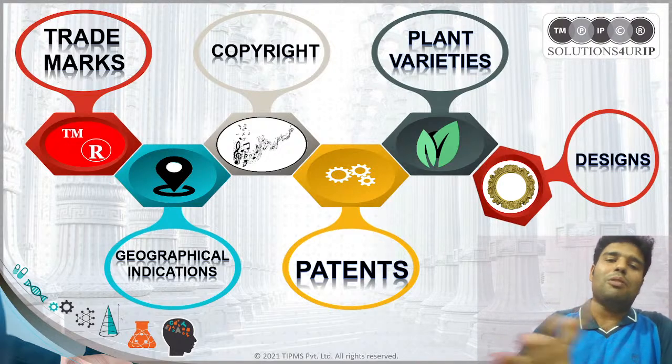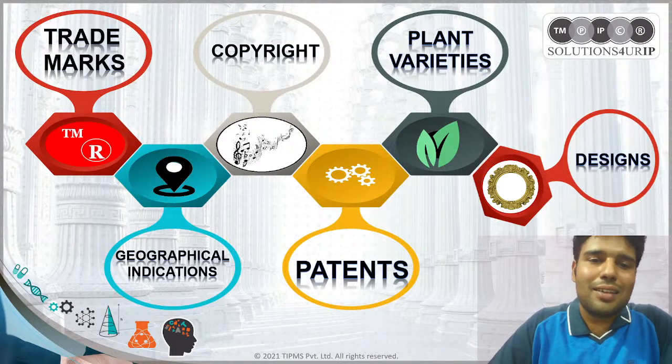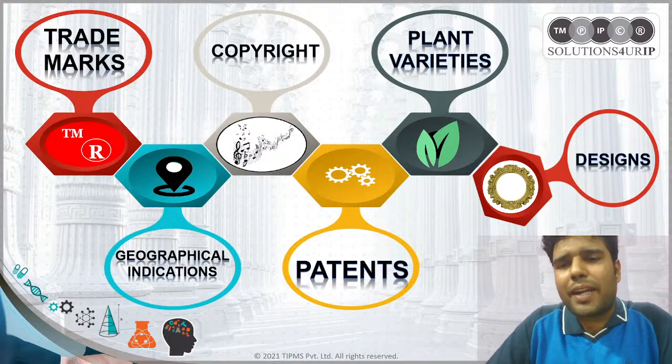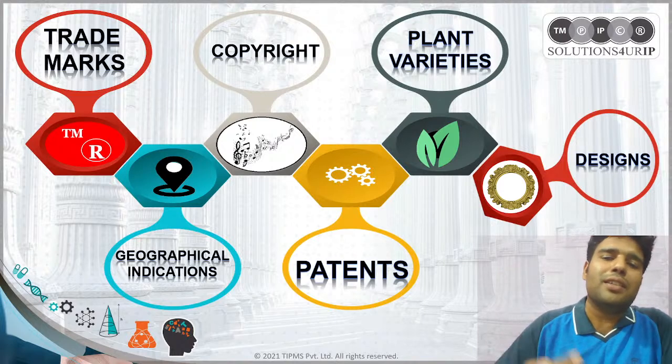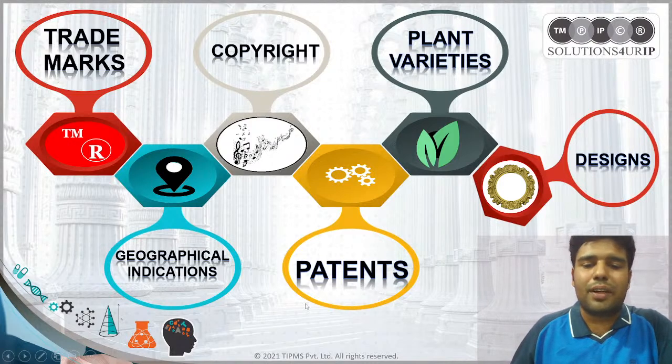Each of these intellectual property rights has some specific subject matter attached to it. There is no connection between the subject matter of patents and the subject matter of plant varieties. There is no connection between the subject matter of patents and geographical indications.